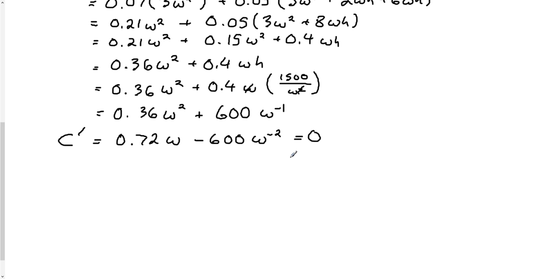So let's see, let's go 0.72 w. Let's bring the 600 over to the other side. So 600, and instead of w to the negative 2, we'll write it as divided by w squared.